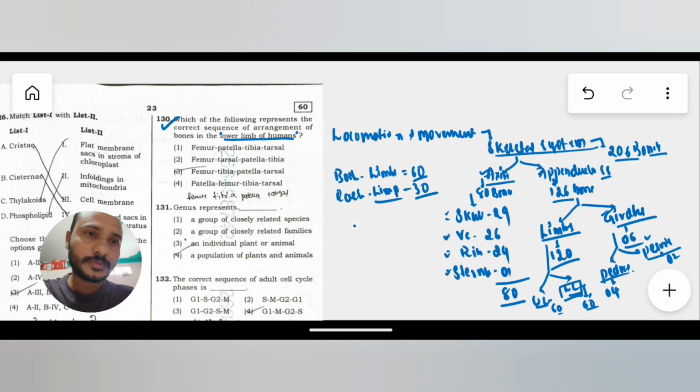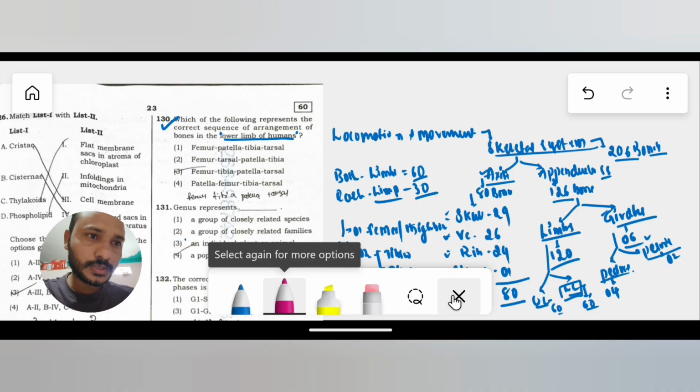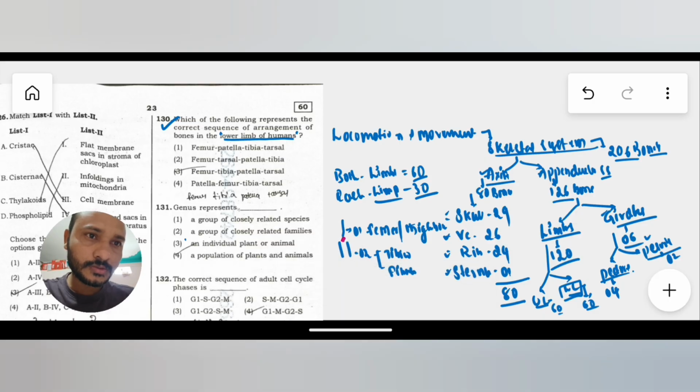I will explain with a diagram. Here we have a single bone, the femur bone, also called the thigh bone. Below the femur we have 2 bones: one is the tibia and the other is the fibula. And in front, between the femur and the tibia and fibula, we have a single cap-like bone.